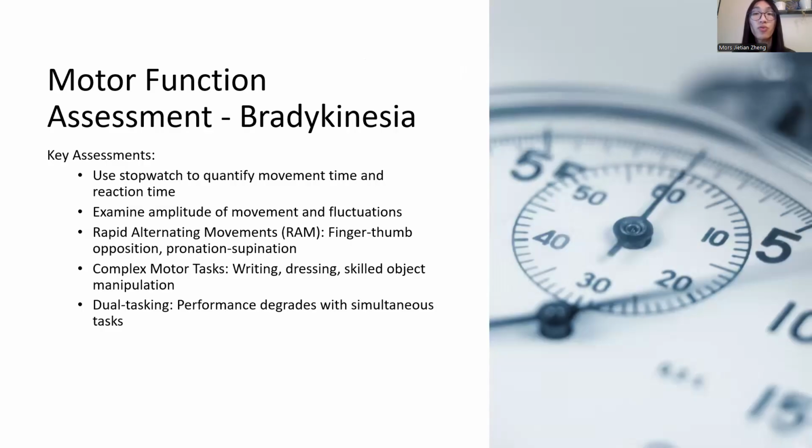Bradykinesia assessment requires both timing and observation skills. We use a stopwatch to quantify movement time, how long it takes to complete a movement, and reaction time, which is the delay between wanting to move and actually initiating the movement.